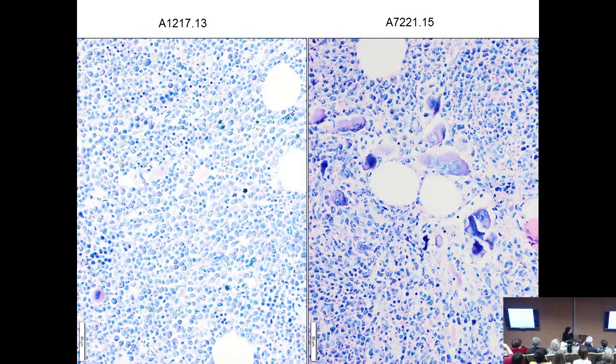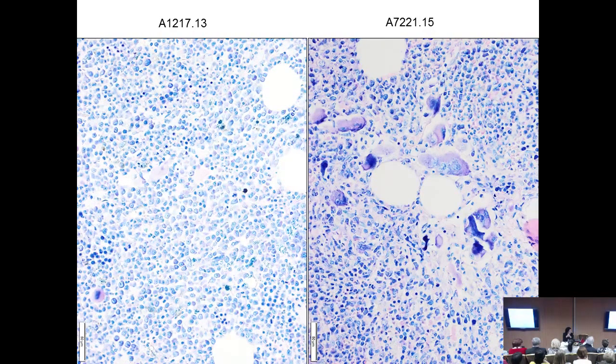Then 2 years later, there was a dramatic change in histology. For example, compare this megakaryocyte here, which is quite typical for CMML, reduced in number and small. And now we have an increase of megakaryocyte numbers, and they are also much larger than this one here. And these megakaryocytes more or less resemble megakaryocytes which we see in MPN.